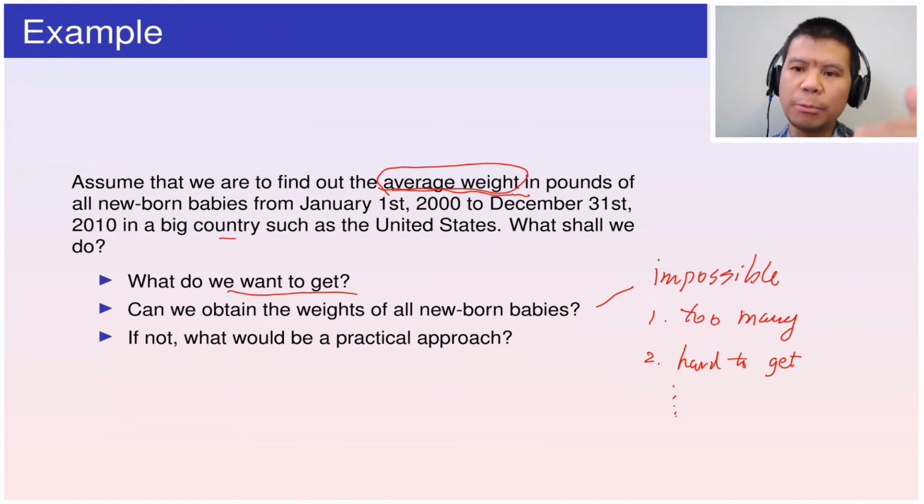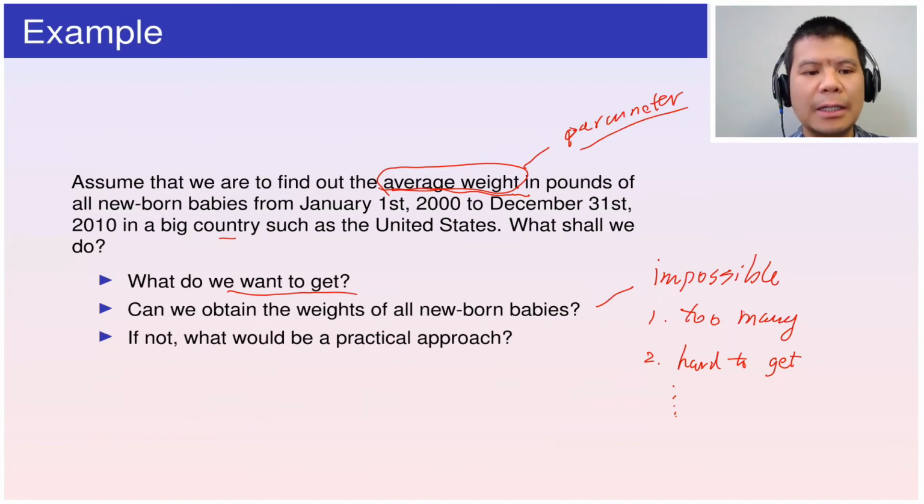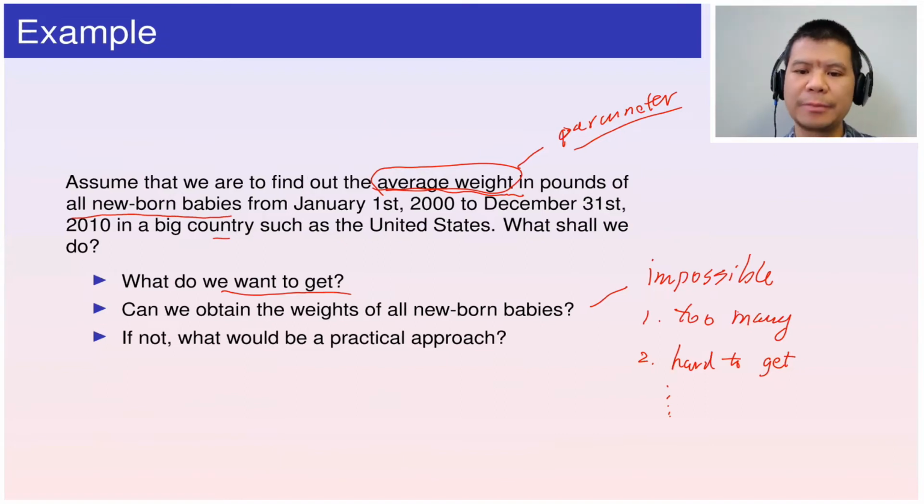This average weight of all newborn babies is a numerical measurement about some property of the population. So this average weight is a parameter, because it is a measurement about some property of the population.